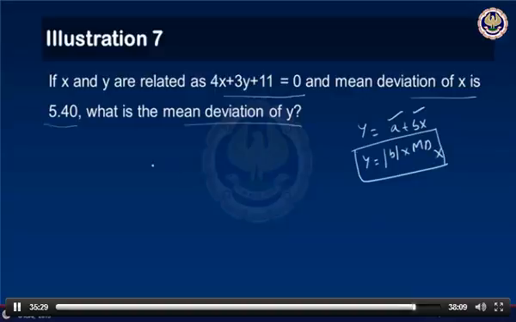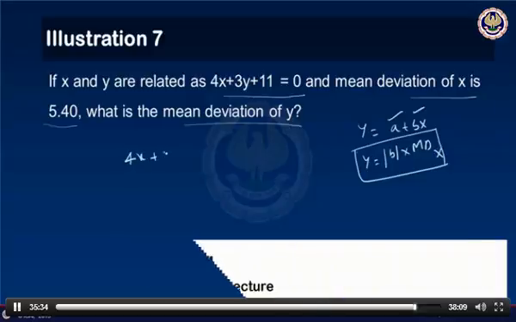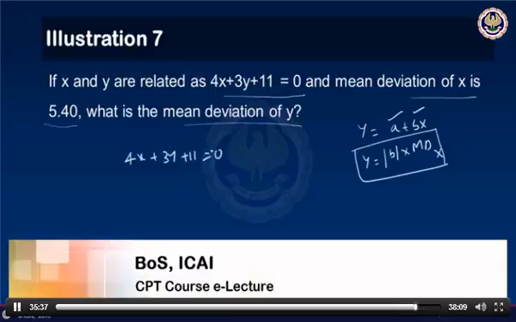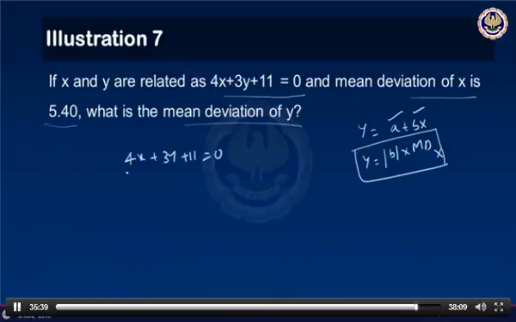Now coming to 4x plus 3y plus 11 equal to 0, which is the linear equation already given. Now we have to express this equation in terms of y. 3y equal to minus 4x minus 11, and y equal to minus 11 by 3 plus minus 4 by 3 in brackets into x.